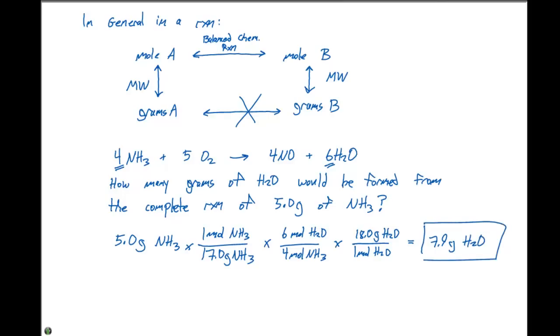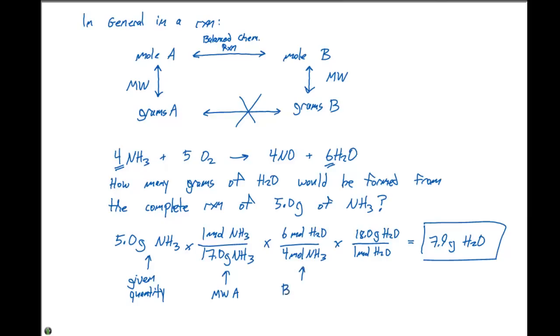So when we look at what we're doing, this is our given quantity, which is 5.0 grams of ammonia. We then can use the molecular weight of A from our chart up here to convert from grams of ammonia to moles of ammonia.